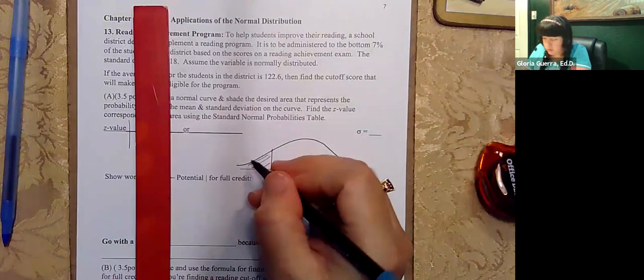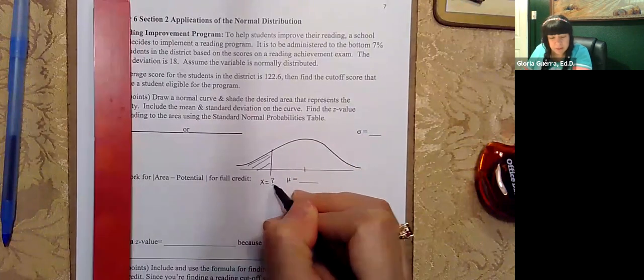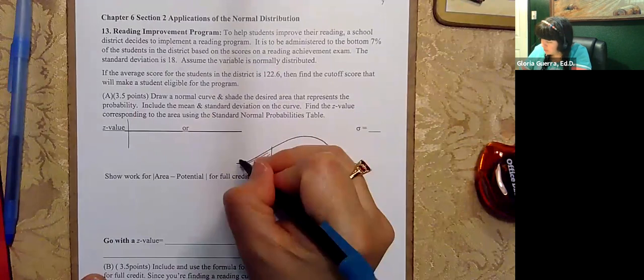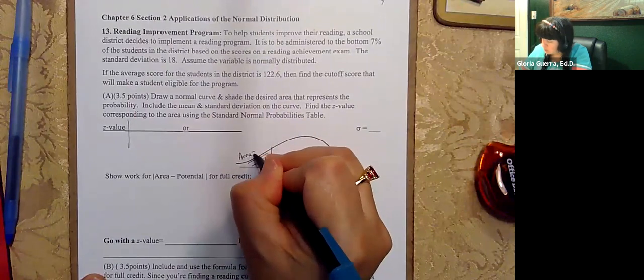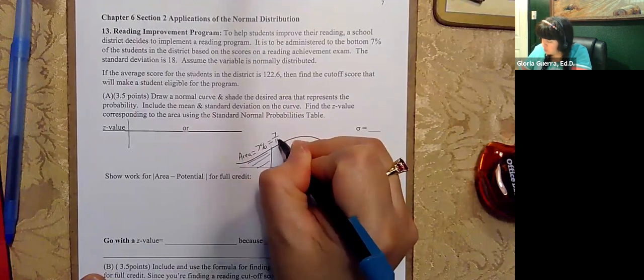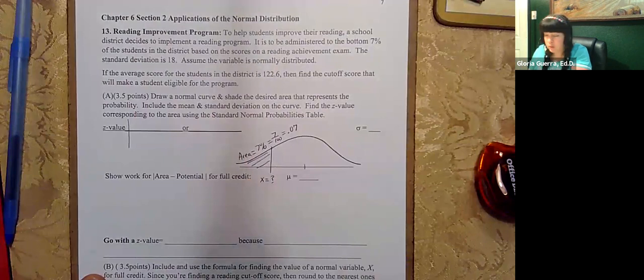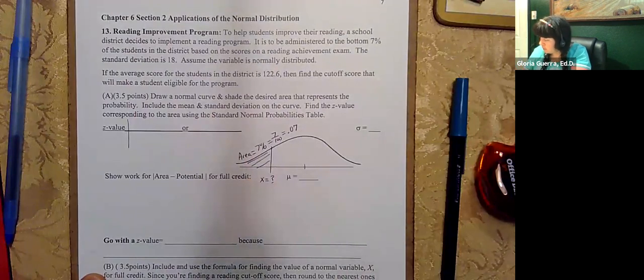I don't know what X is, but it's the bottom 7%. So I know that this area is 7%, which is 7 over 100, which is 0.07.